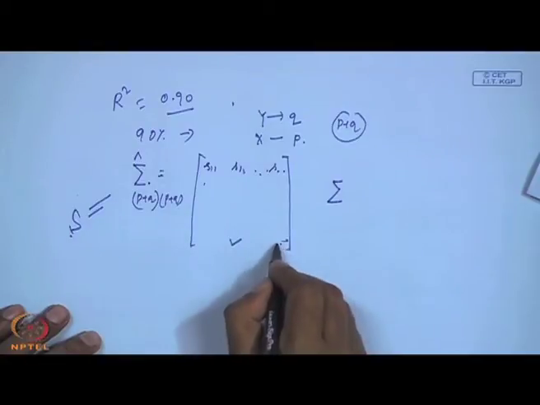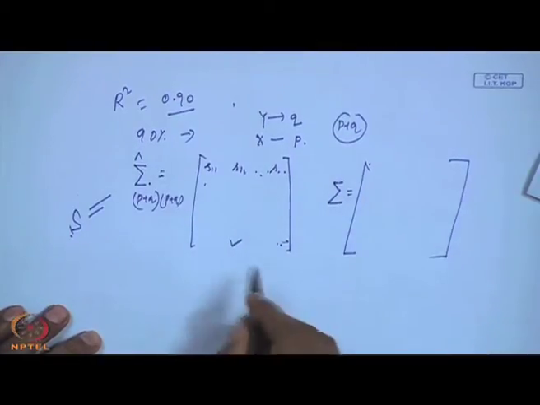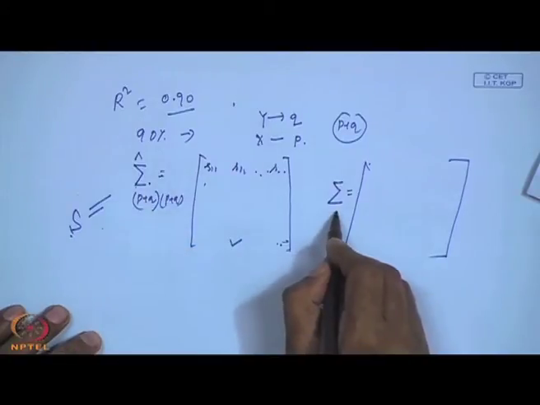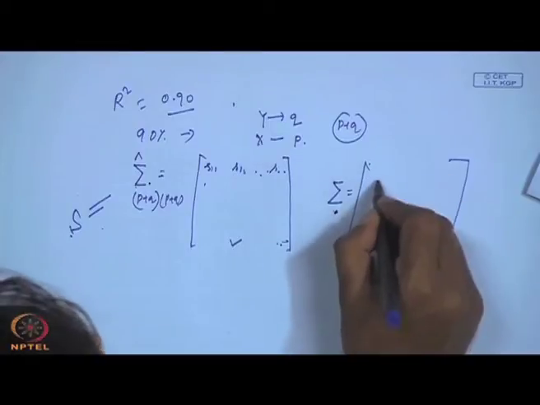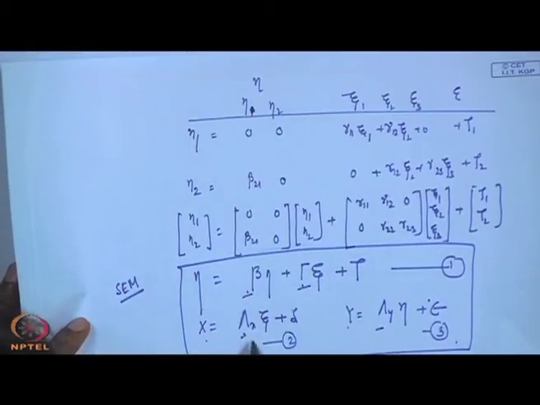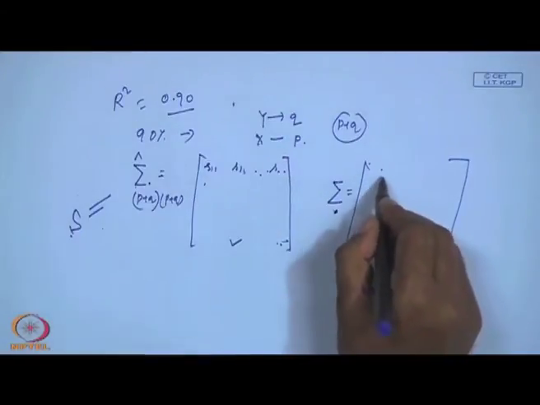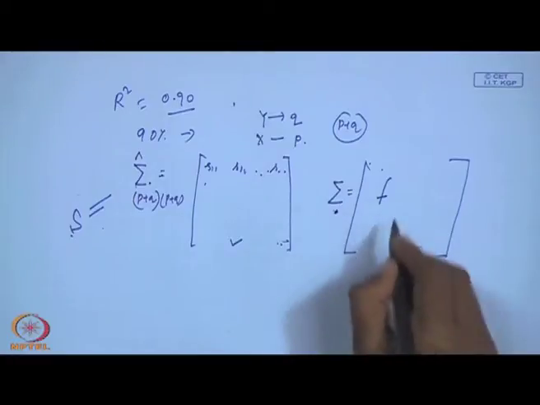So, similar values you will be getting, and here instead of writing S, now I am writing the population sigma, then that will be in terms of your beta, gamma, lambda x, lambda y. So, they will be a function of the.